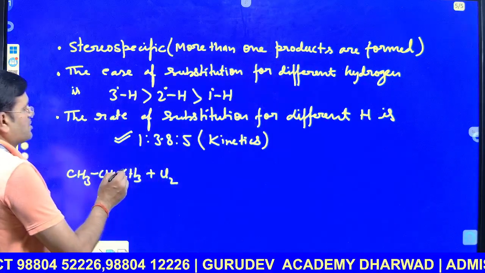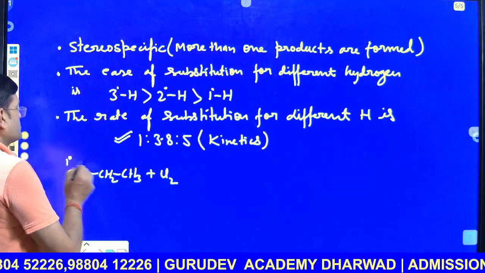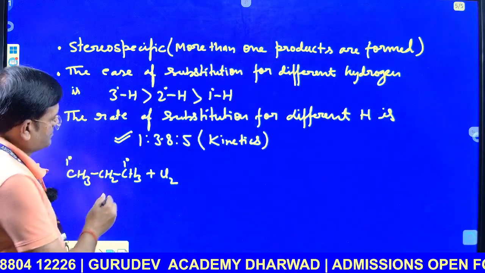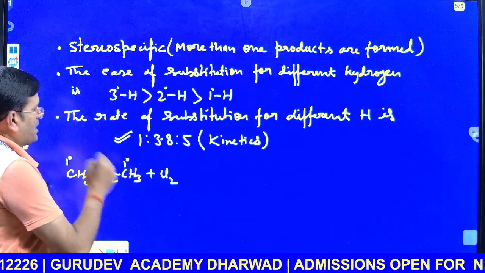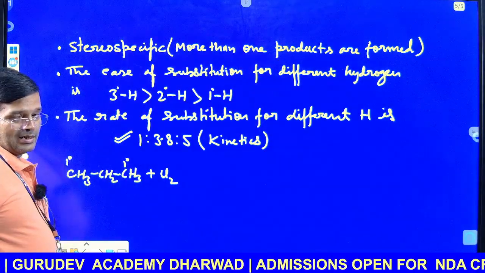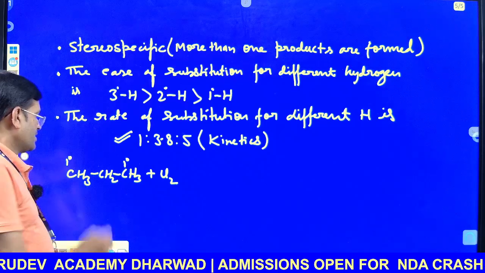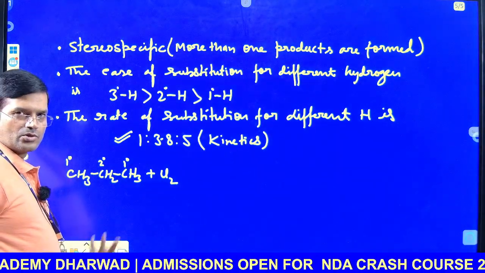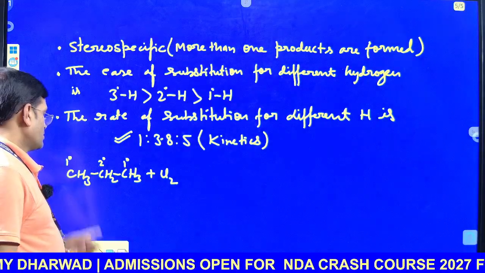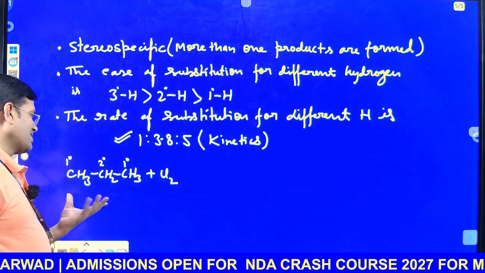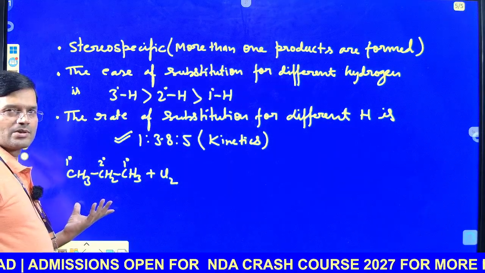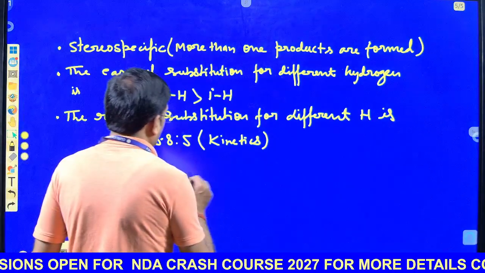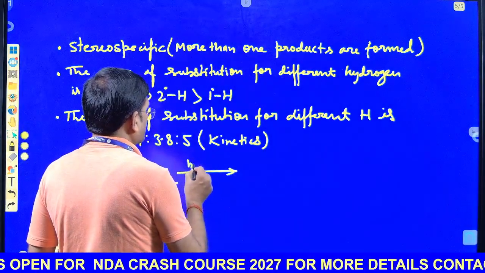You could see this is a 1 degree carbon, and the respective hydrogens at 1 degree are 1 degree hydrogens, and the respective hydrogens at 2 degree carbon are 2 degree hydrogens, right? So you could see in this case at least 2 types of hydrogens are there. So definitely in this case we are likely to have 2 products, with H nu.